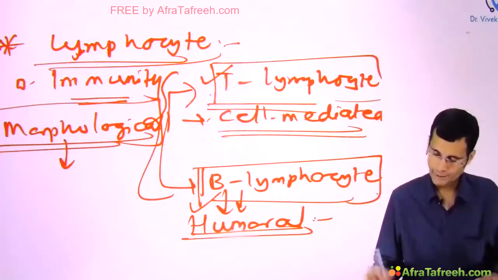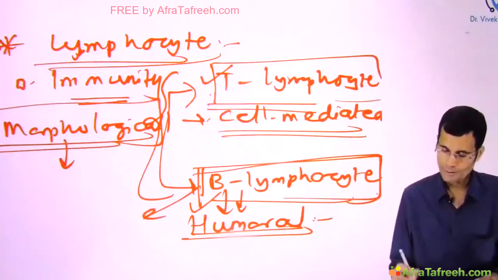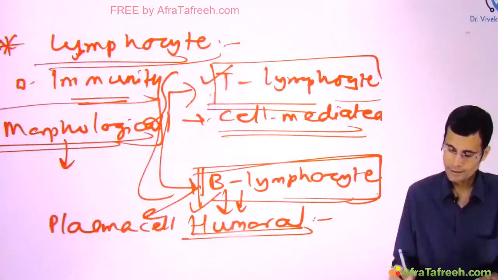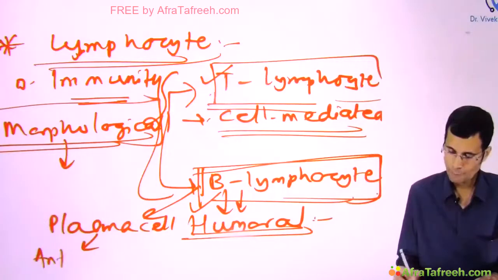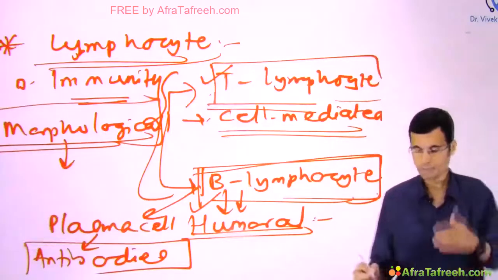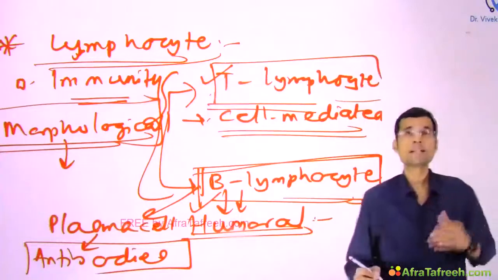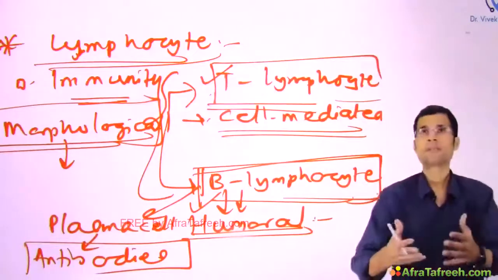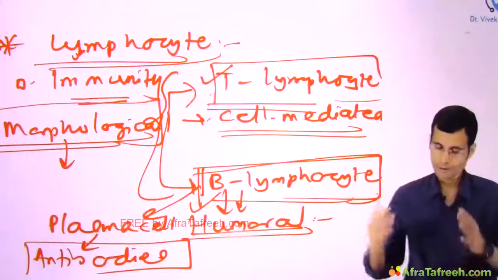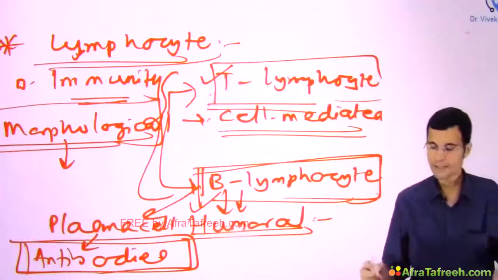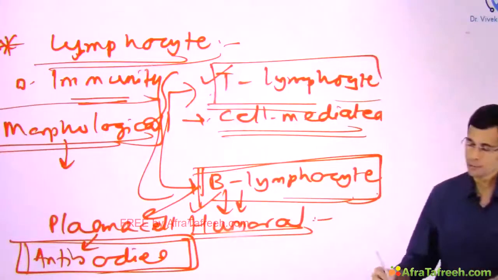B lymphocyte forms an intermediary called plasma cell, and this plasma cell secretes the antibodies. I mean, B lymphocyte forms the antibodies, but when it needs to secrete those antibodies, it will first form the plasma cell, and then there will be continuous secretion of antibodies, the immunoglobulins, and those immunoglobulins would react with the antigens. So this is called humoral immunity.